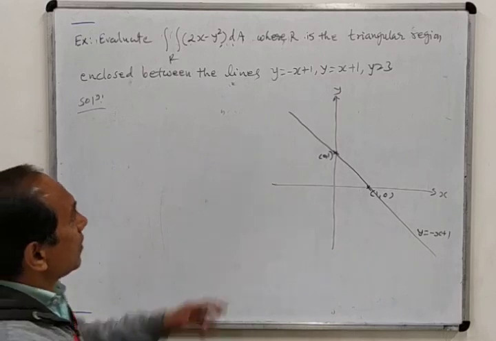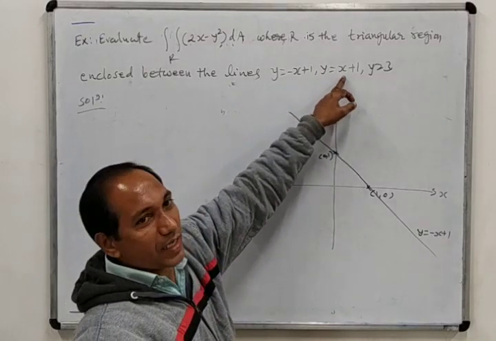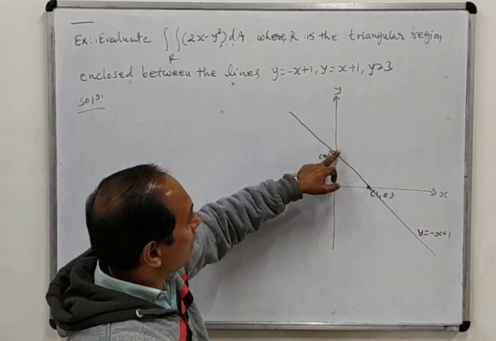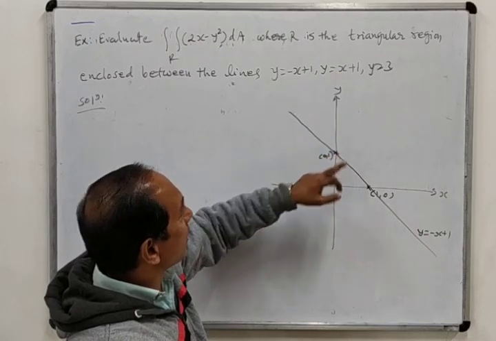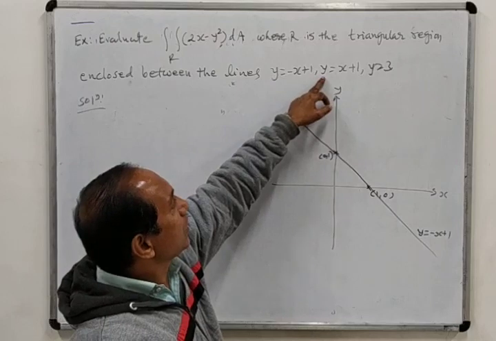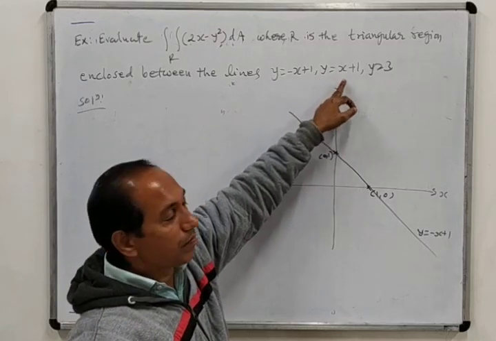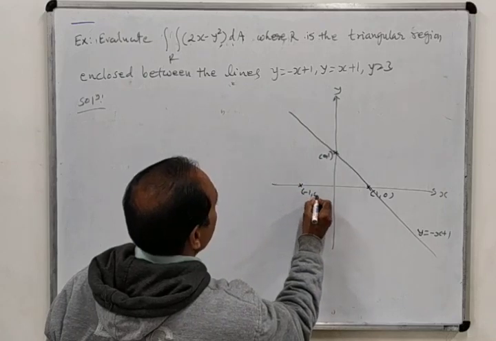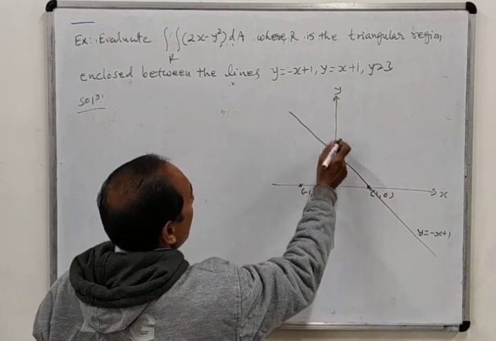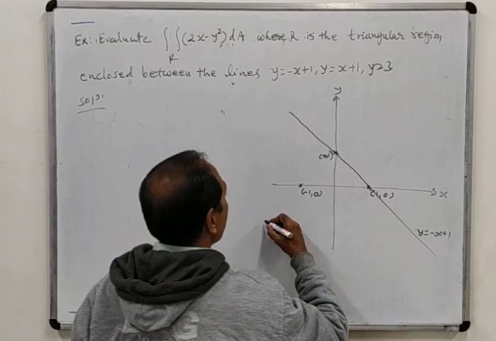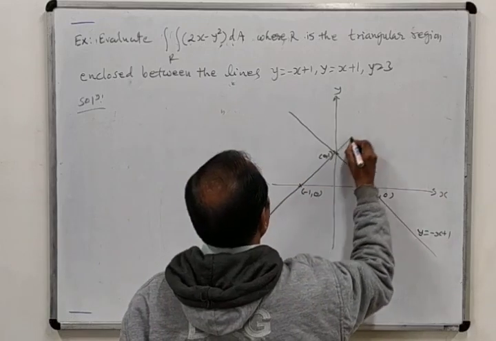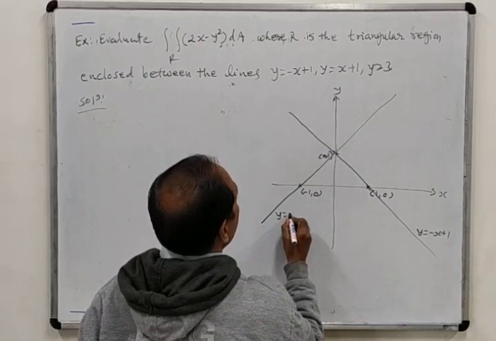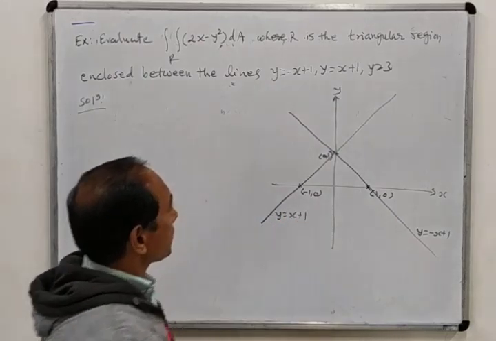Secondly, we draw the other line, y equal to x plus 1. If we put x equal to 0, we get y equal to 1, the same point. And if we put y equal to 0, we get x equal to minus 1. That means we get the point minus 1 comma 0. If we join these 2 points, we get this straight line, and here I will write y equal to x plus 1.